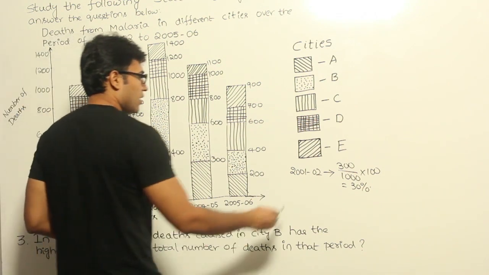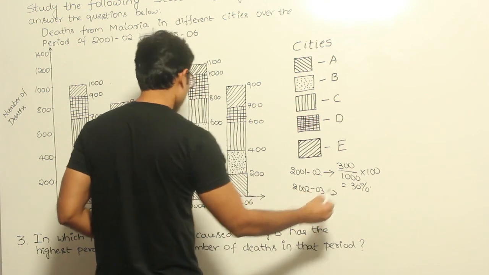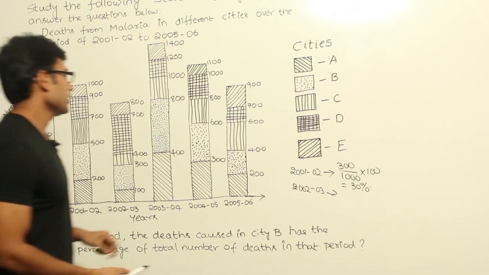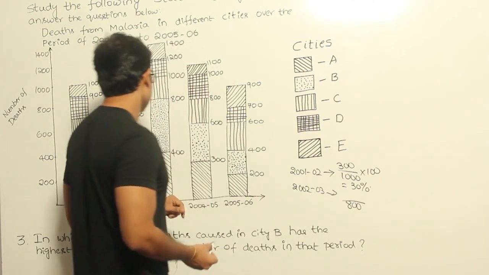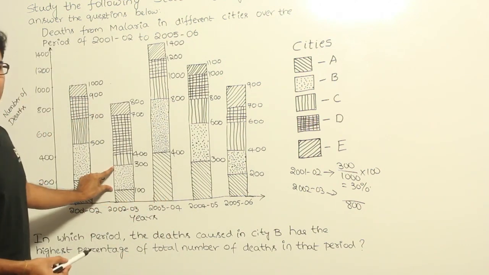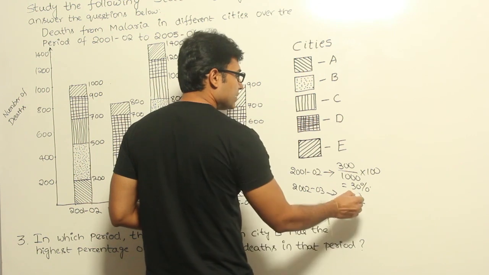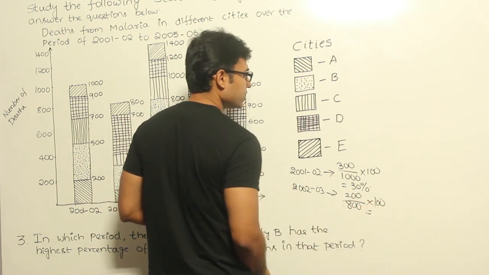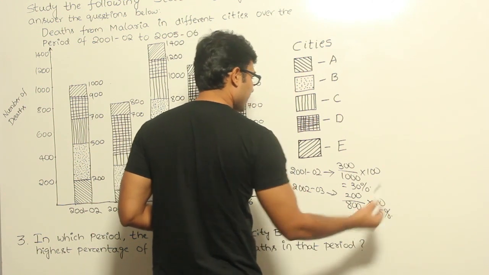So now for 2002 to 3, the total number of deaths is 800, and city B is 200. Therefore 200 is contributed by city B out of 800. So the percentage contribution here is going to be 25%, right?